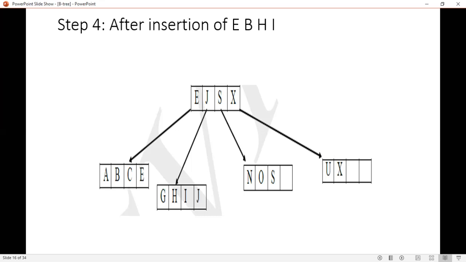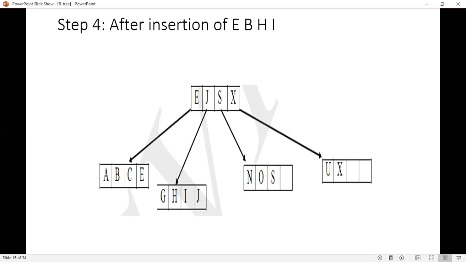Here you can add F at the first position, but here already you have four keys, so you have to split this second node in the leaf.